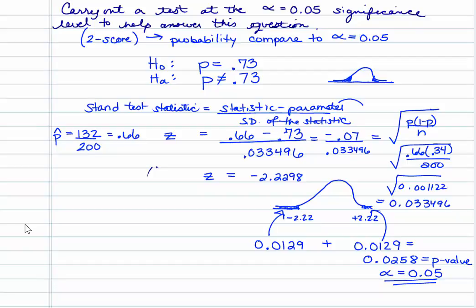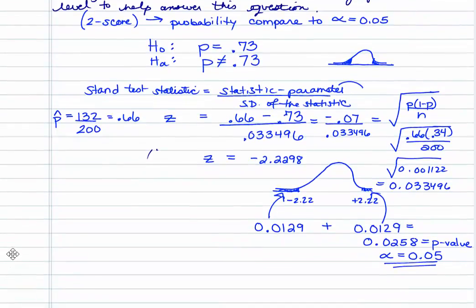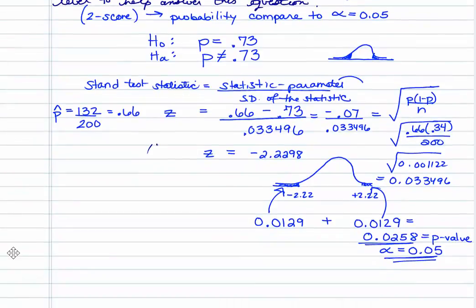And of course, there's a nice sentence that you have to say involved with this too. But that's what we're looking at, comparing this number to this number over here. So when the p-value is lower than alpha, we're going to reject the null hypothesis.